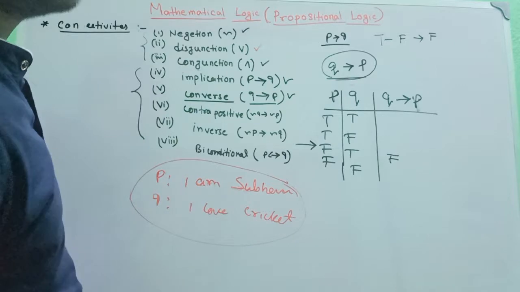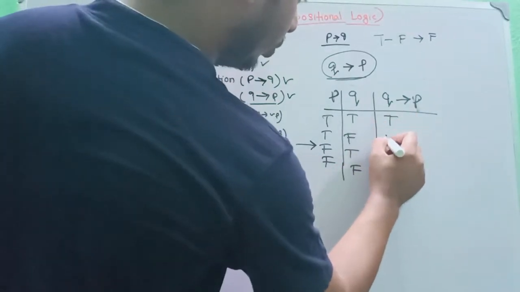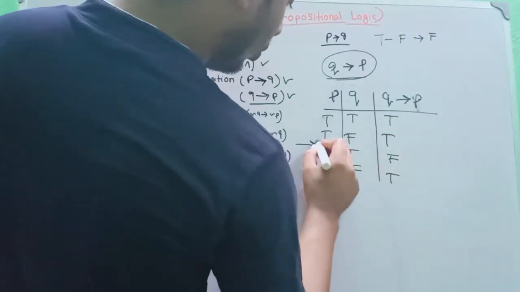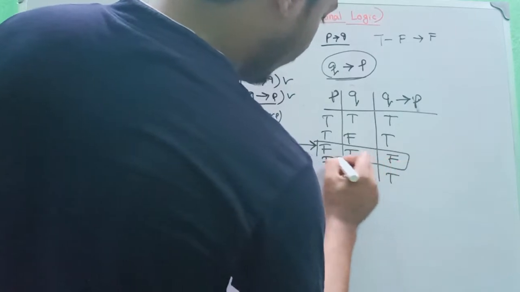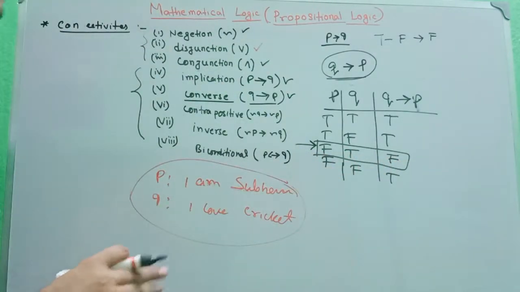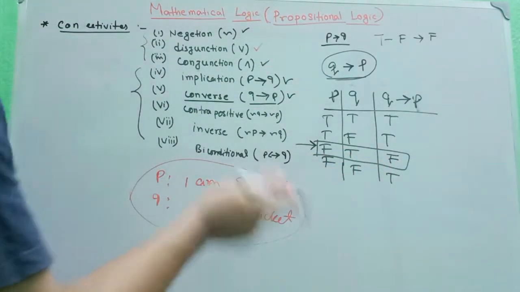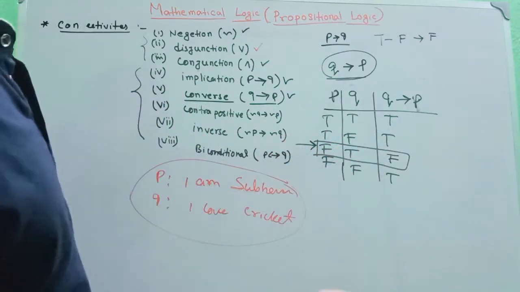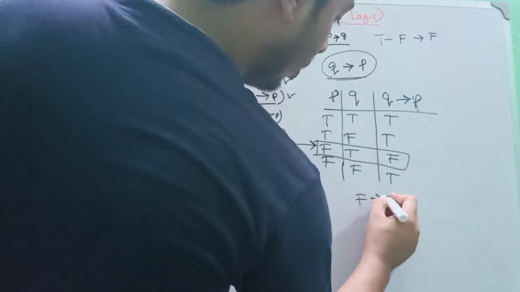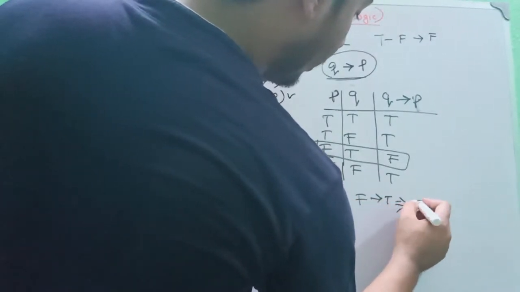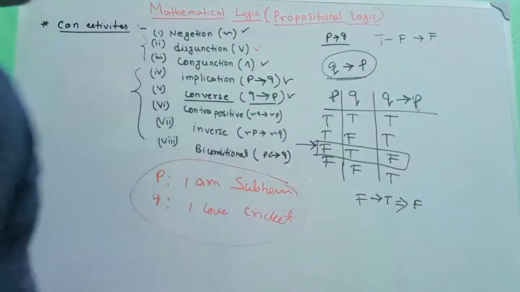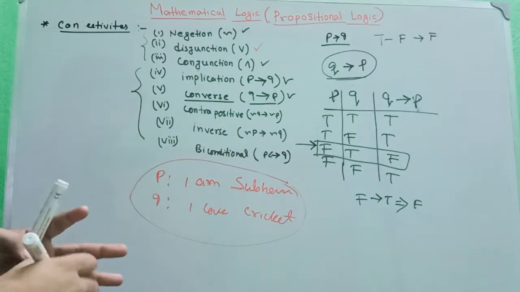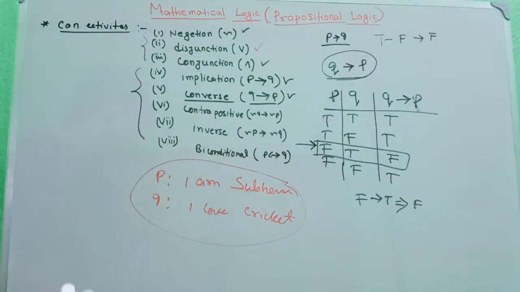Others all are true. So you have to remember, when false true comes in converse, the result is false. Others all are true.